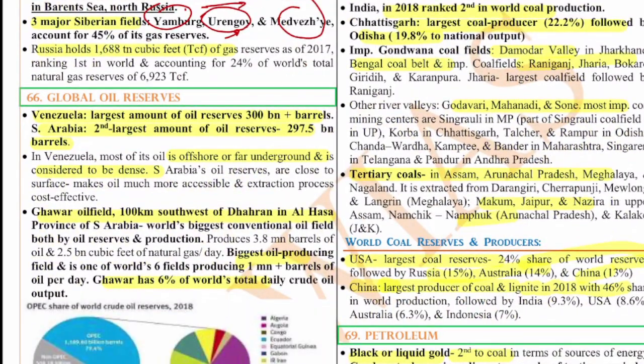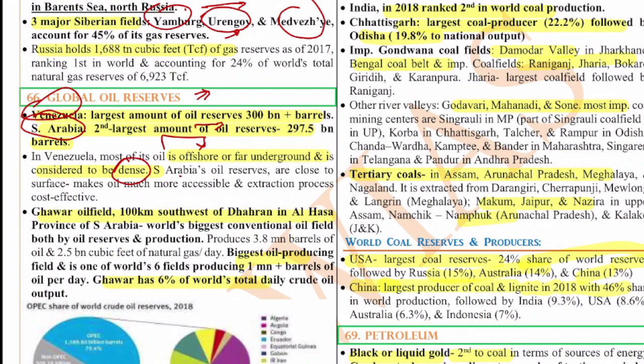Next, global oil reserves. The largest oil reserves across the globe are with Venezuela. After that, Saudi Arabia has the second largest amount of oil reserves. In Venezuela, most of the oil comes from offshore or far underground and is considered to be very dense.